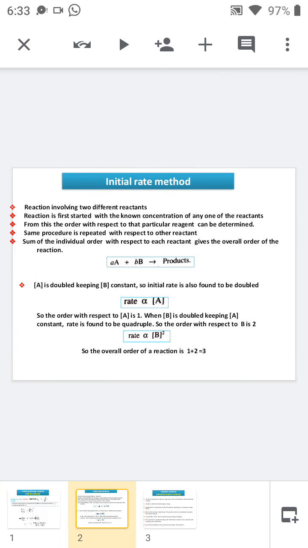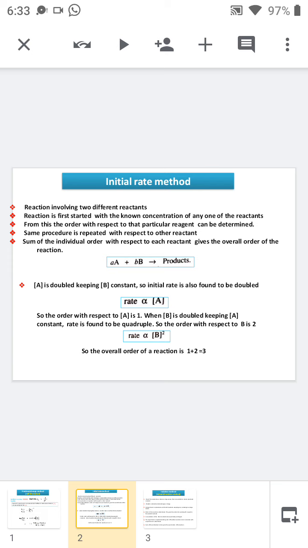Next, we are moving on to the other method, that is the initial rate method. In this method, for a reaction involving two different reactants, the reaction is first started with a known concentration of any one of the reactants, and from this the order with respect to that particular reactant can be determined.